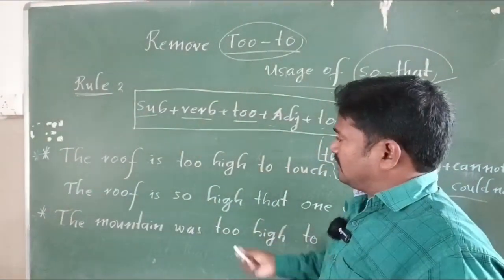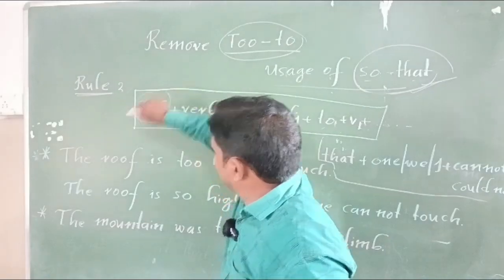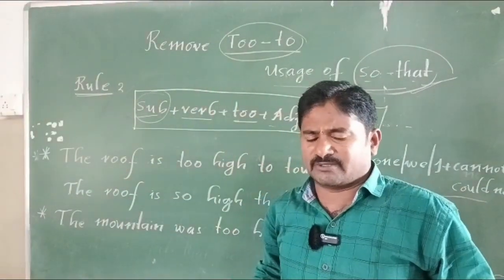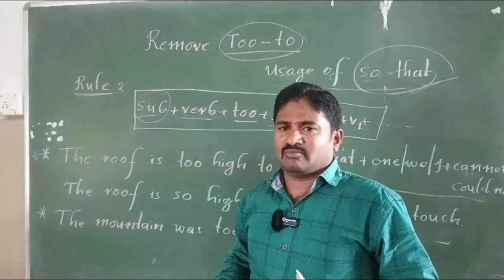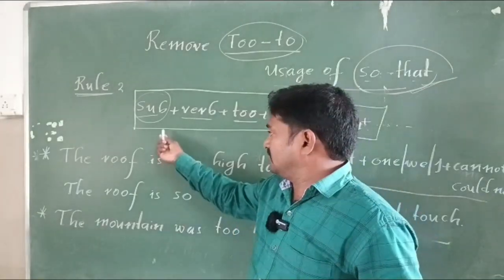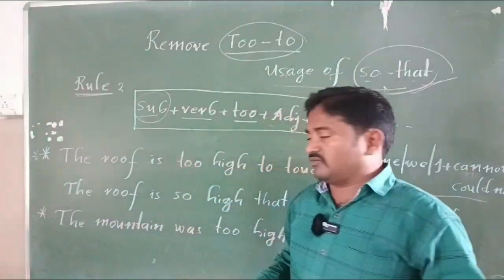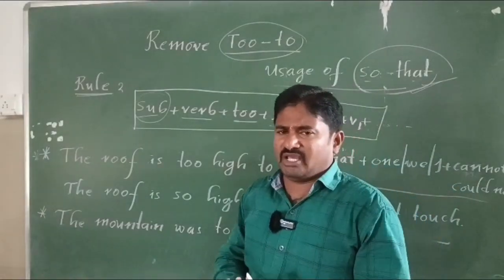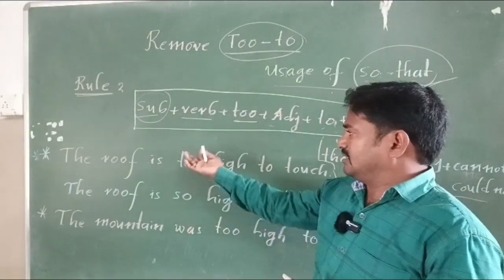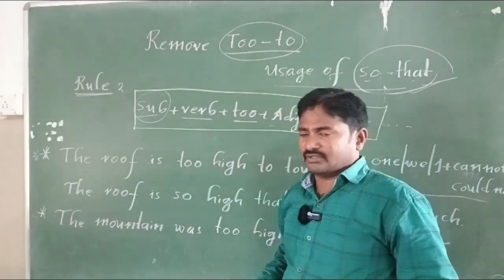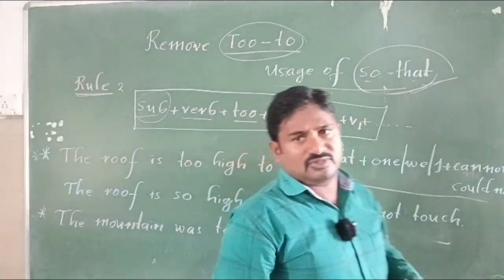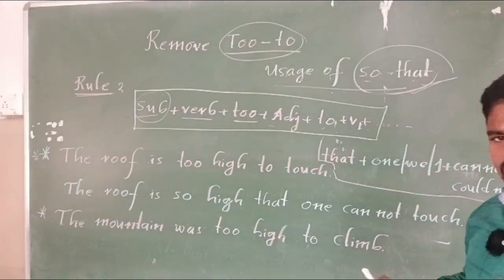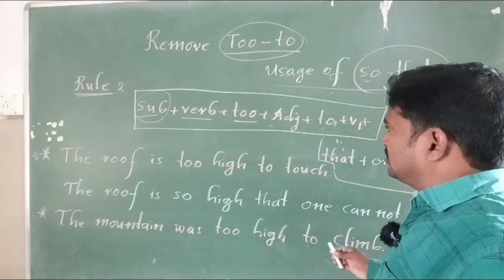In rule 1 we used persons, but here in place of the subject we'll use non-human beings, like things. If we use things, some changes are there. So what are the changes?